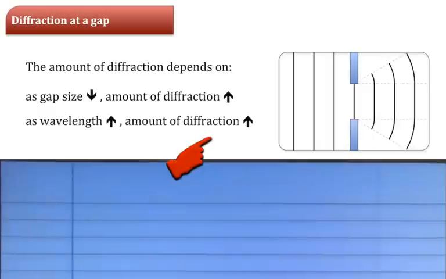Second thing is that as the gap gets smaller, the amount of diffraction increases. So it could be again that this is another diagram that you would need to be able to complete. In the live lessons, what we've done before is we've concentrated on the relationships. We've used lots of different equations, been using the calculator in most of the questions.